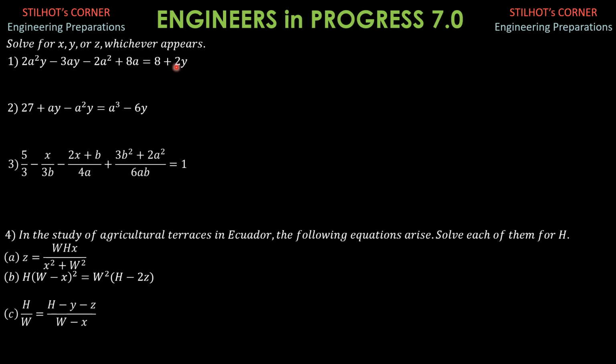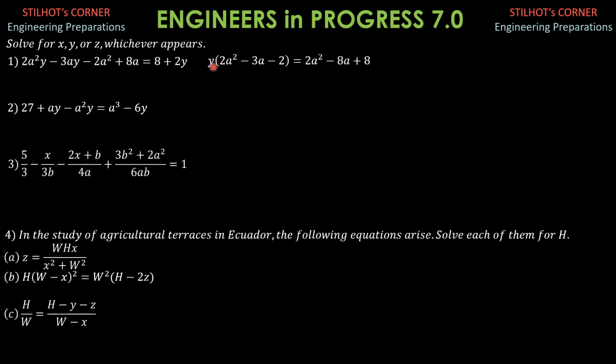So for the first part, let's transpose 2y here, then negative 2a squared and 8a to the right. So let's factor out y. We have y times quantity 2a squared minus 3a minus 2 equals 2a squared minus 8a plus 8. After we transpose negative 2a squared and 8a to the right, it becomes positive 2a squared minus 8a, then plus 8.